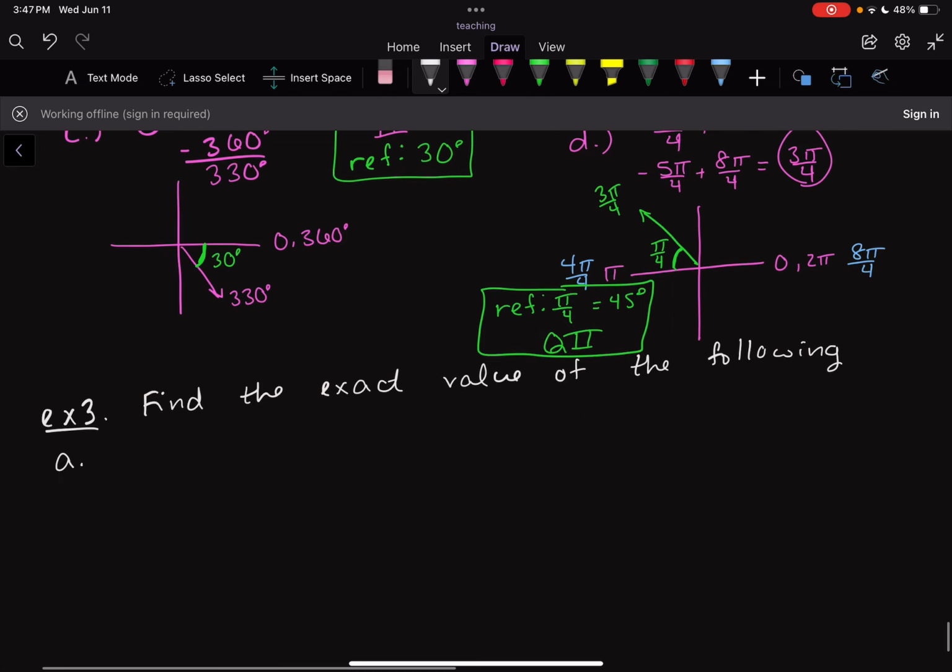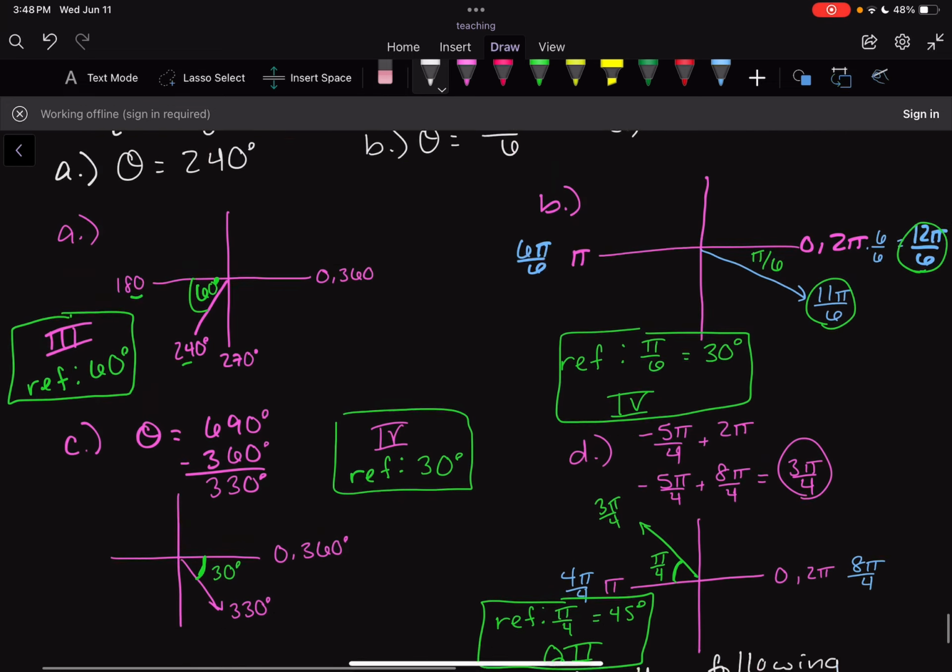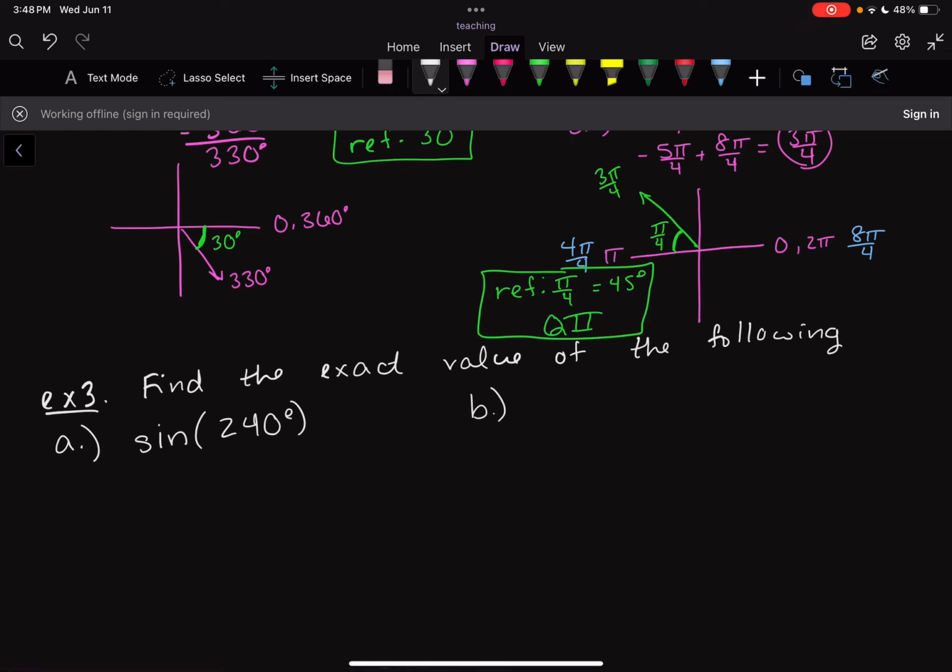So let's see, I'm going to work with the ones that we just did. So let's say I want sine of 240 degrees. B, we're going to do, what was the angle in B? 11 pi over 6.